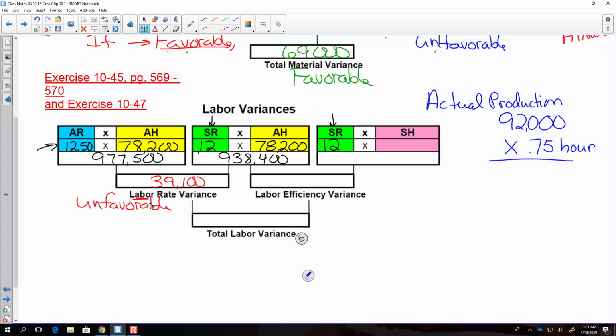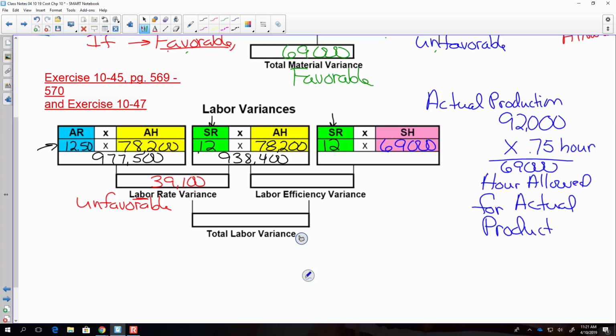So how efficient was the plant? Not very good. I came up with 69,000 hours allowed for actual production. Now I'm writing this down because there are multiple choice questions in words.